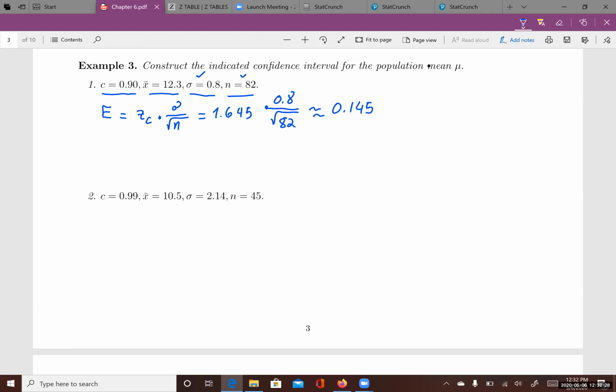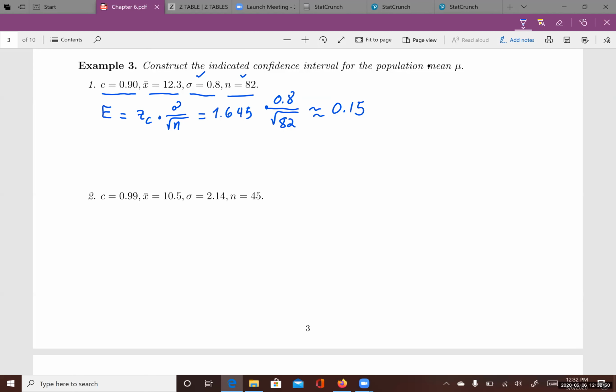Since the sample mean is rounded to 1 decimal place, I want to round this margin of error to 1 decimal place, so it should be 0.15.